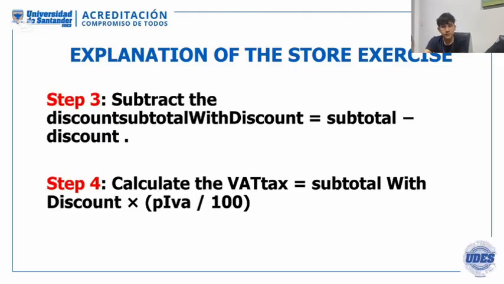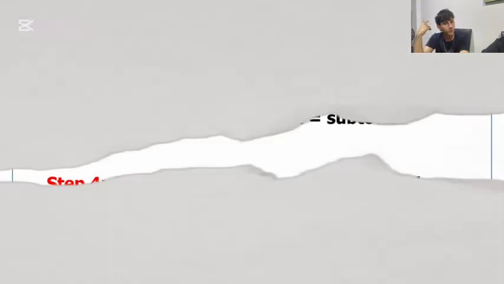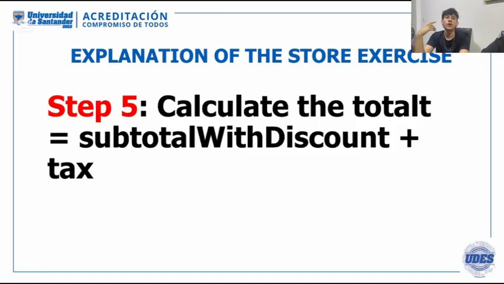To calculate the IVA, we have this variable called tax that is equal to subtotal with discount multiplied by PIVA divided by 100. And step 5 is calculating the total amount. The total amount is going to be subtotal with discount plus tax, and that is going to give us the result.